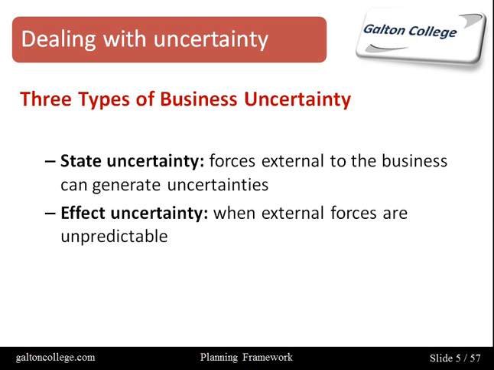Effect uncertainty is when these are unpredictable. The earthquake, as I said earlier, there may be areas that are prone to earthquakes, so it may be factored in more fully, but at the same time, when they do happen, they tend to be a surprise.